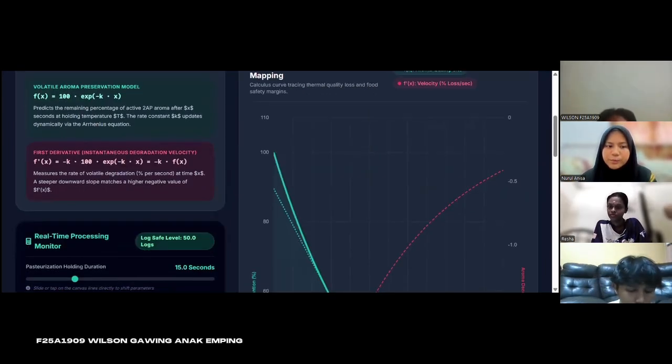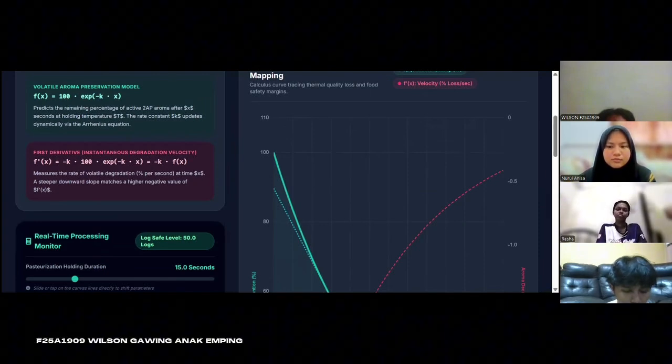Okay, the importance of studying this problem. Studying this problem is crucial because it allows us to find a critical balance between microbiological safety and organoleptic quality retention.